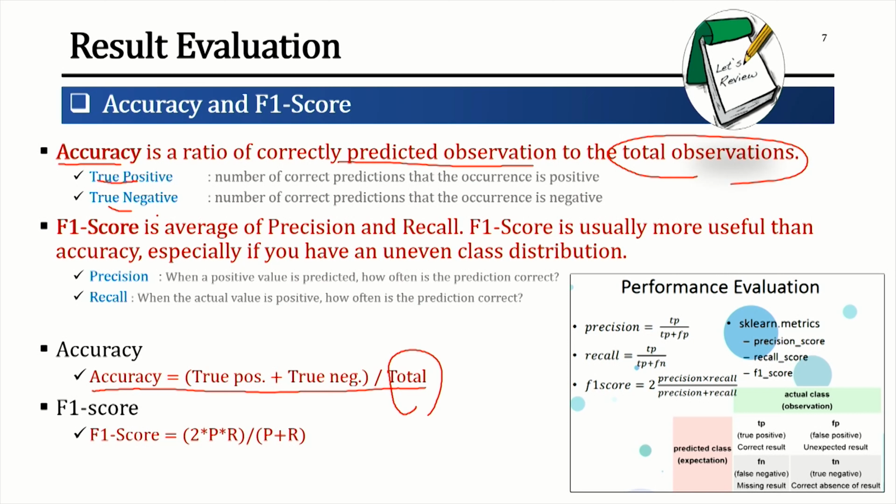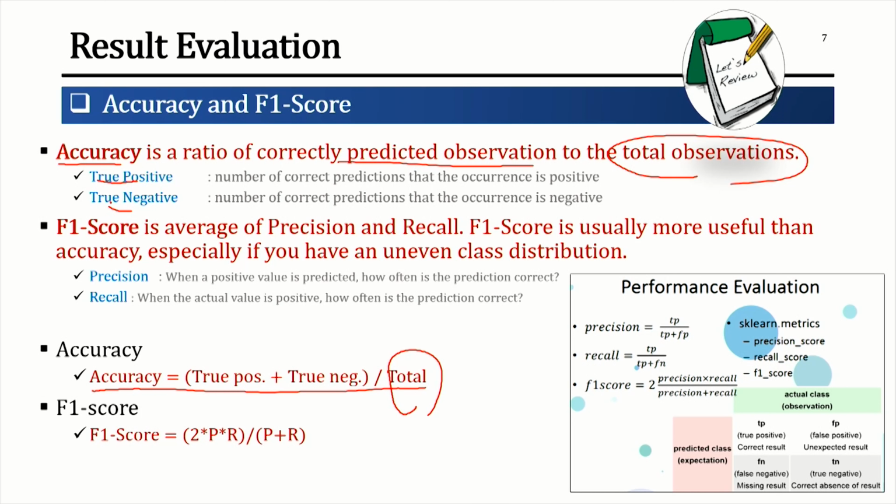It refers to the number of correct predictions where the occurrence is positive. That means we predict it is positive, and based on the actual answer, it is also positive. So it becomes true, and we say it is true positive. True negative refers to the number of correct predictions where the occurrence is negative. So we predict it is negative, and based on our actual answer, it is also negative. So it becomes true, and we say true negative.